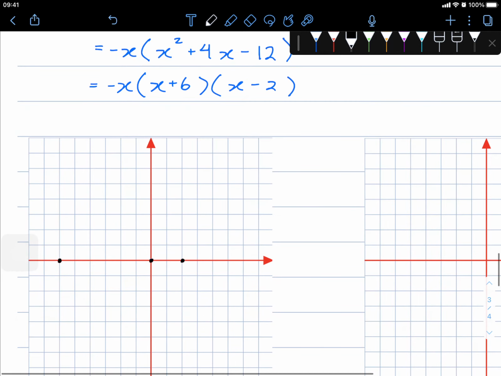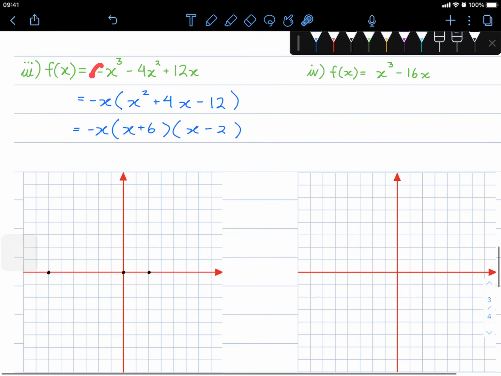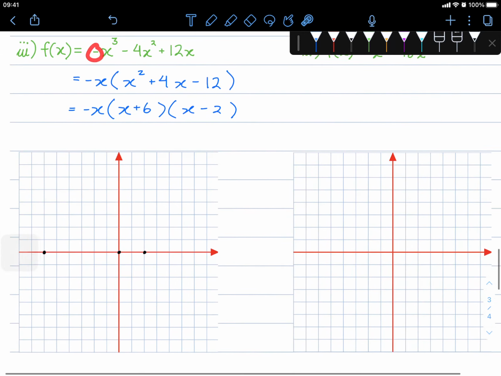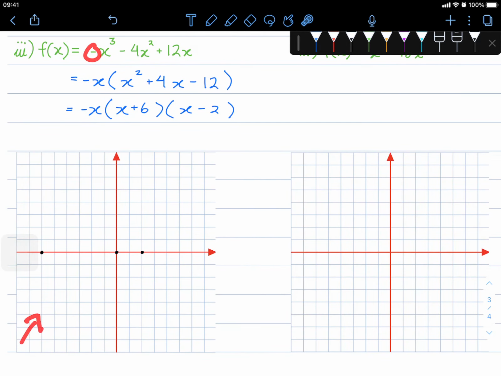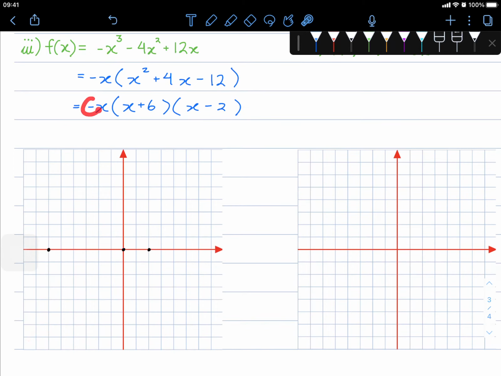Positive 2. Okay, so now we're definitely going to have to use our features of a cubic. A positive lead coefficient of a cubic starts here and ends here. But because this is negative, it must start from here and end here.